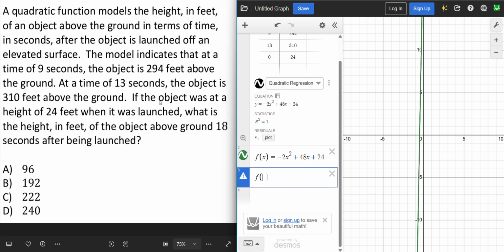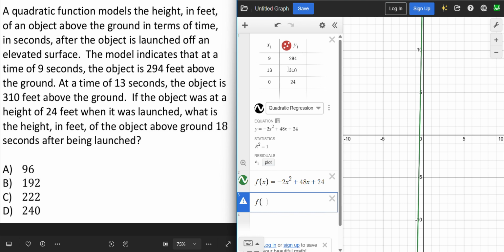So what do we have to fill in this question? Let's find out. If the object was at a height of 24 feet when it was launched, basically this is the y-intercept. What is the height of the object 18 seconds after being launched?